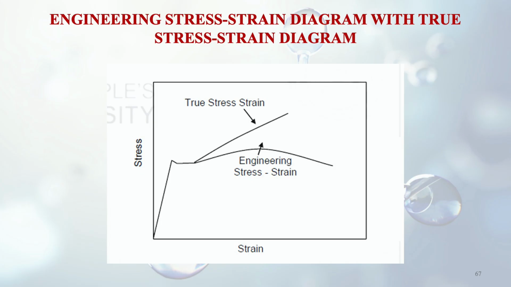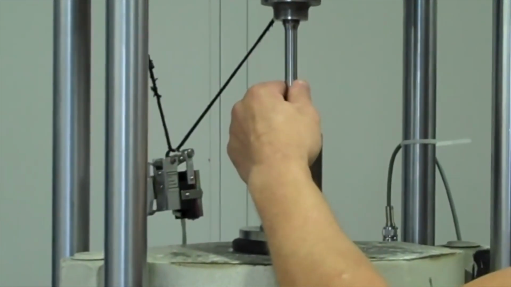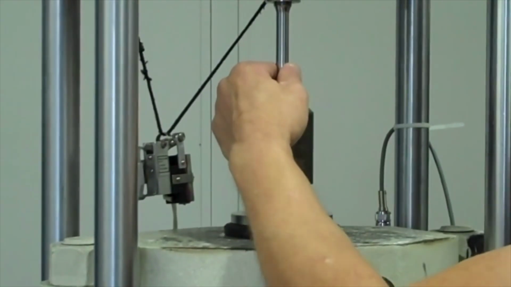But in reality, the neck has formed and the material is almost going to break, the area of cross section is almost reduced to 0, so the true stress in reality will keep on going higher and higher. That is reflected by the line going towards infinity, showing no end there. So that is the true stress. It is different from the engineering stress in that way. Now let's see a video of the simple tension test for better visualization.